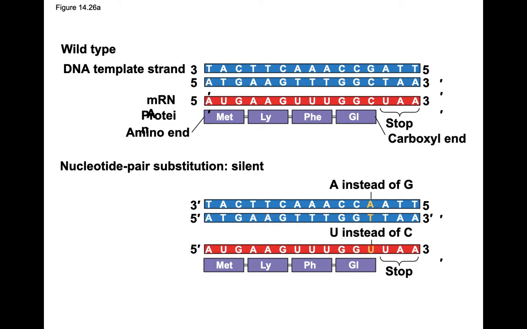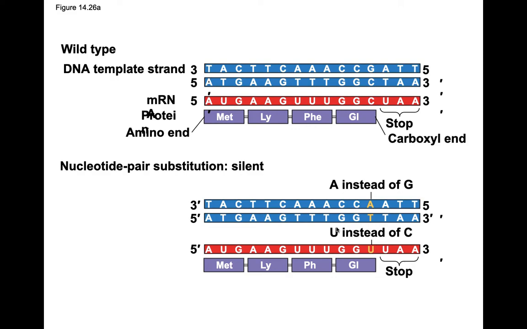We can also have the introduction of what's called a silent mutation, where the genetic code results in the same protein despite a change in the codon and the nucleotide in the DNA.